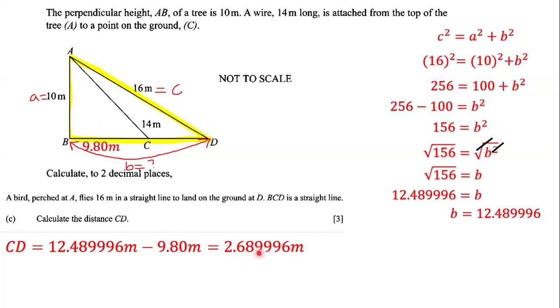Notice that this digit is 9. Once it's 5 or greater, we can round up, so we add 1 to 8, and we get 9. So this is going to be 2.69 meters. And that's our answer: the distance CD is 2.69 meters. And that's our answer for this question.